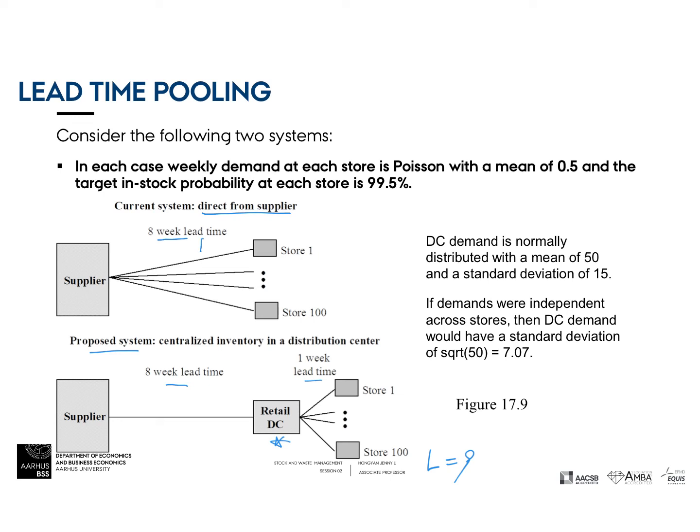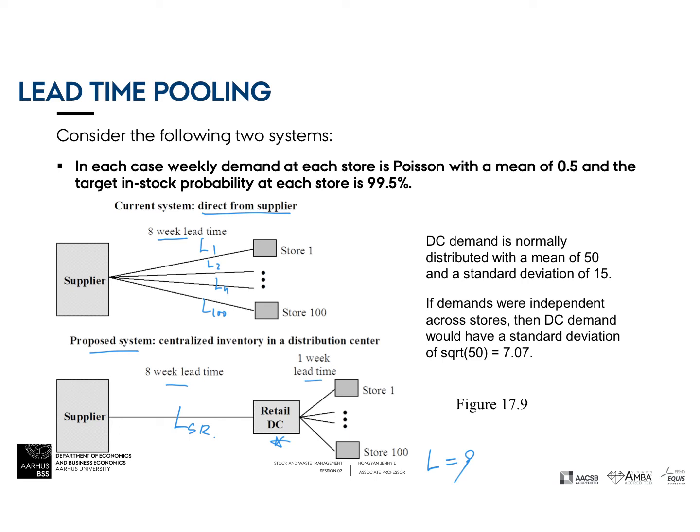If we call it L1, L2, ..., L100, now you can see we have only one single supplier to distribution center lead time. So it's kind of pooled, but again, we add extra lead time for 100 stores.